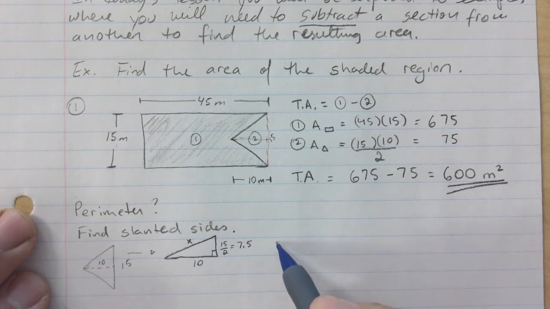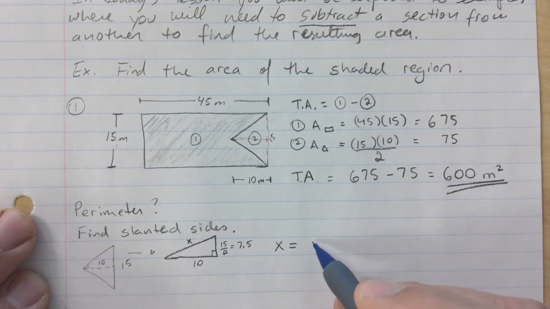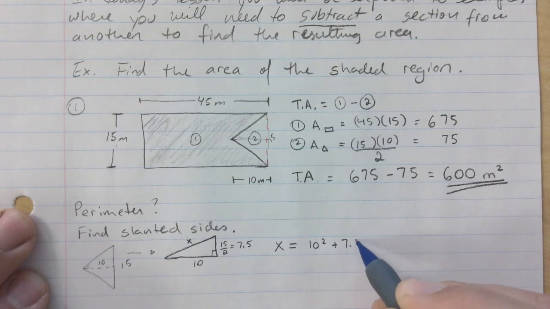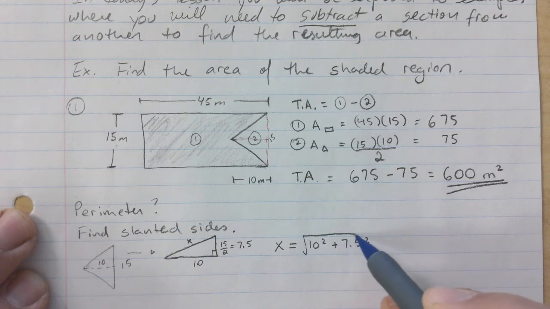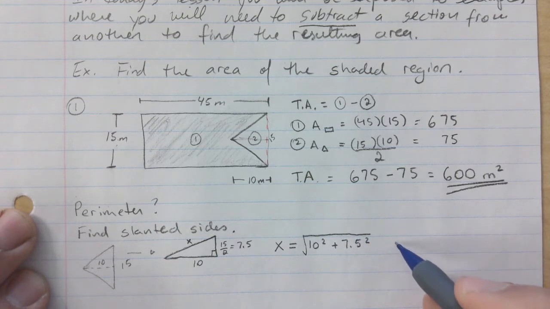So to find x, watch what I always do: we're going to take 10 squared and 7.5 squared, add them in this case, and take the square root of the answer. That's just a faster way of doing it.